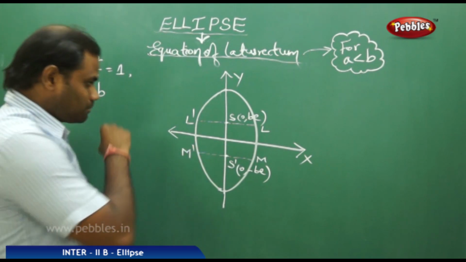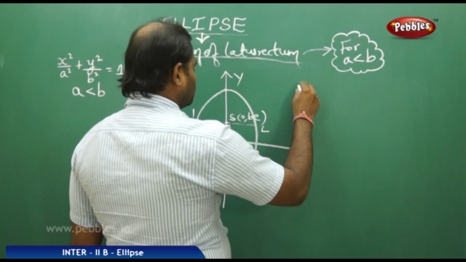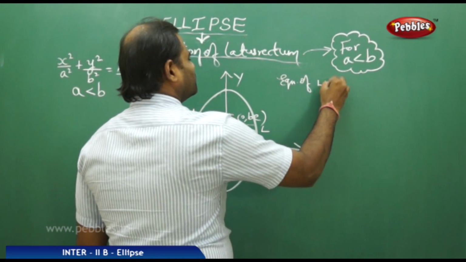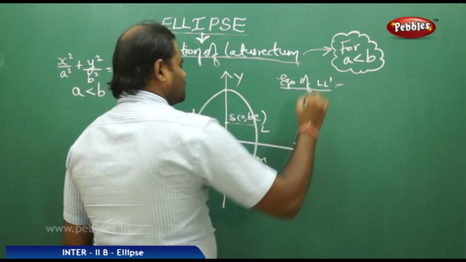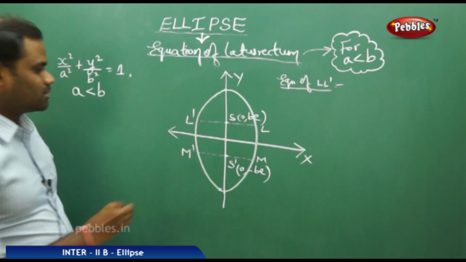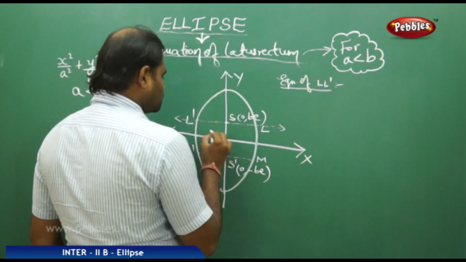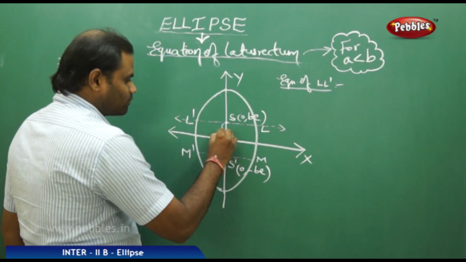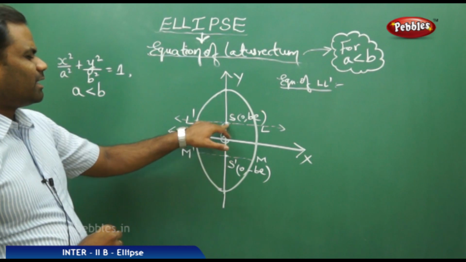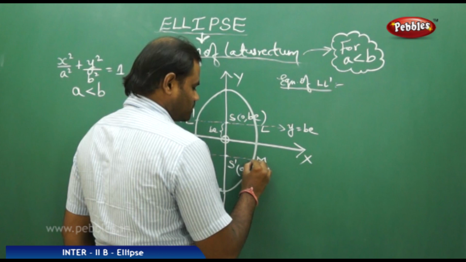The equation of LL dash is a line parallel to the x-axis at a distance of BE units from the origin, so it is y equals BE.